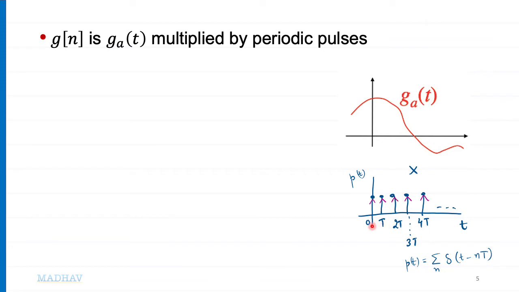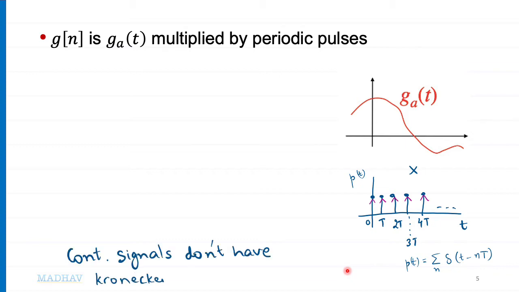Capital T is the gap between the two consecutive pulses in the pulse train. Now this delta is not a Kronecker delta function, but a Dirac delta function. Dirac delta means you integrate over it and you will get 1. The integral over one peak is 1. But the value here is not defined, it tends to infinity. So this is my pulse train.